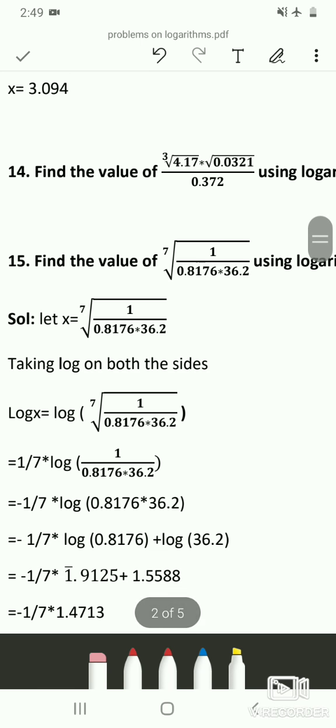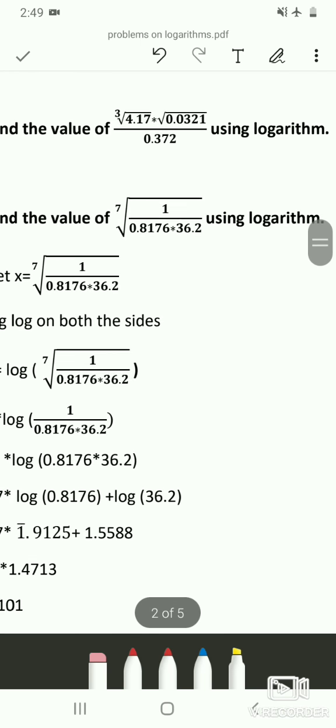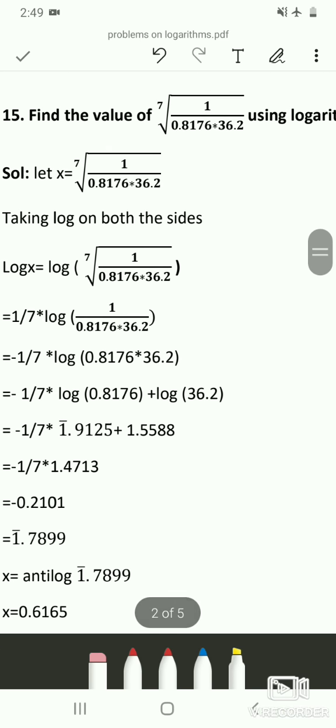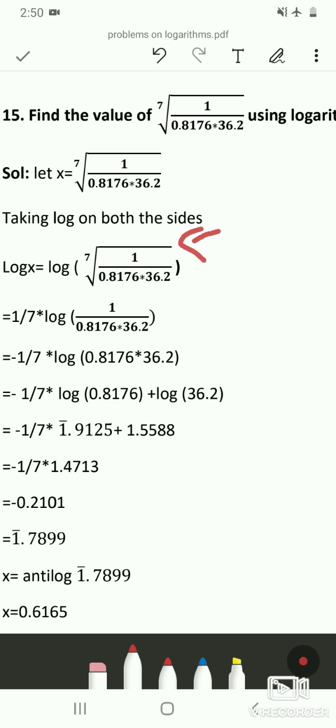So the next problem is find the value of 7th root of 1 upon 0.8176 into 36.2 using logarithm. So the first step is consider the given term as x and then take log on both the sides, and here use the fourth law of logarithm, that is here your small n is 7 and this term is m.